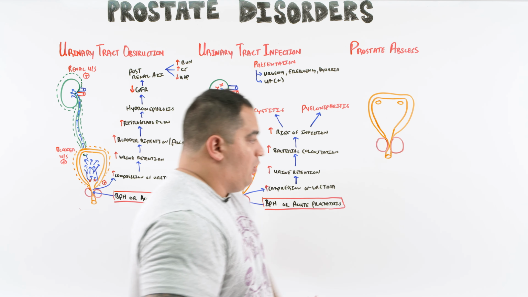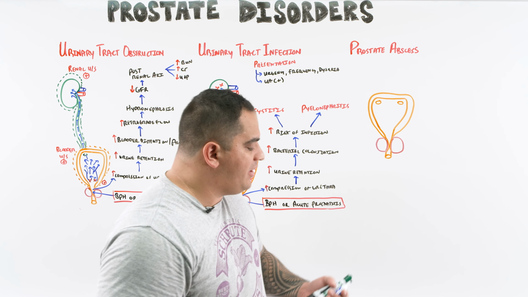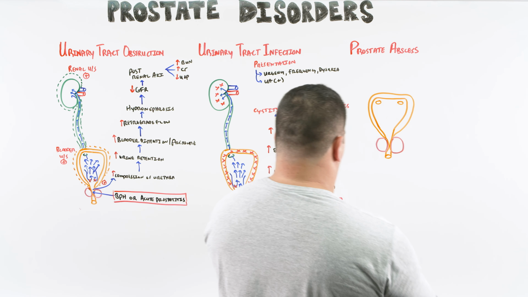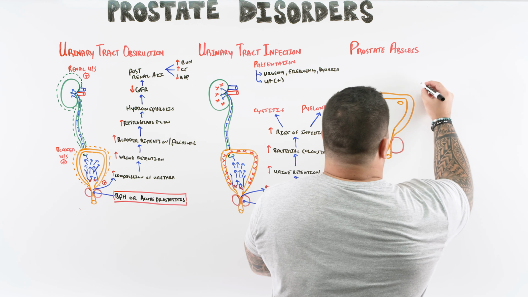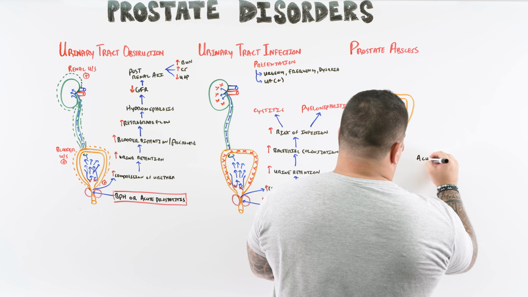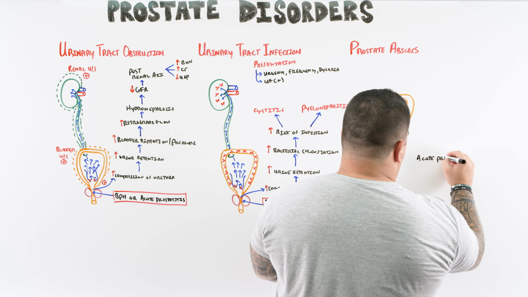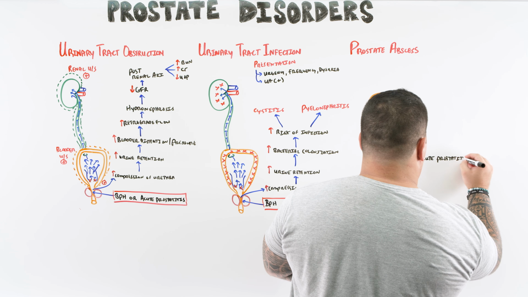Okay, we come to the last one, a prostate abscess. A prostate abscess is very, very common in acute prostatitis. So when a patient has acute prostatitis, the problem that usually arises here is that they have a very significant inflammation, prostatitis.